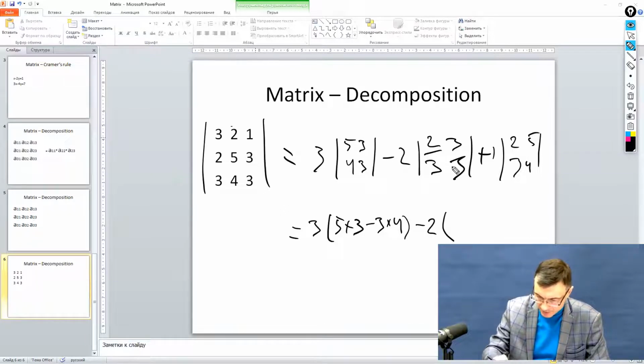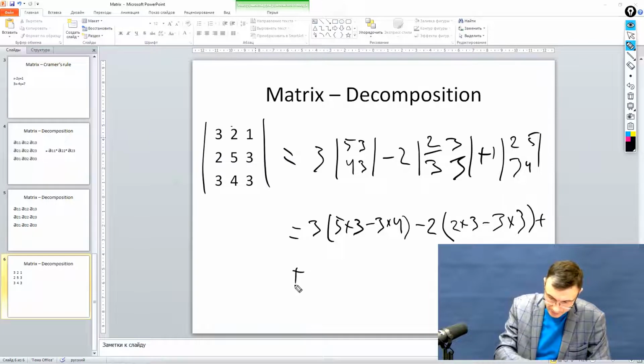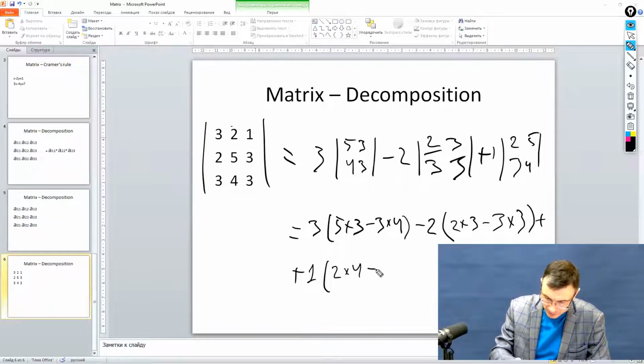Then the main diagonal, 2 by 3 minus 3 by 3, and plus 2 by 4 minus 5 by 3.